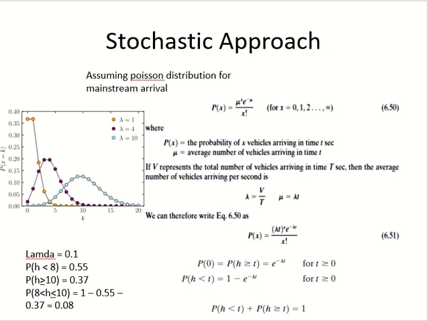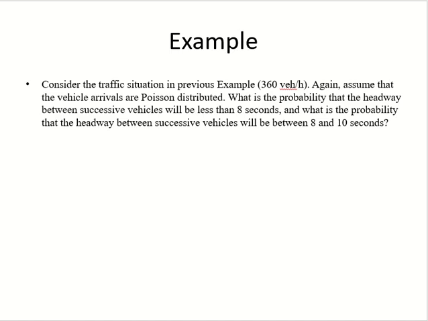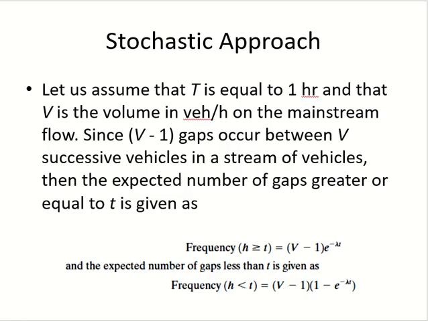This into V minus 1. So probability multiplied by total number of gaps gives you the number of acceptable gaps in your flow.